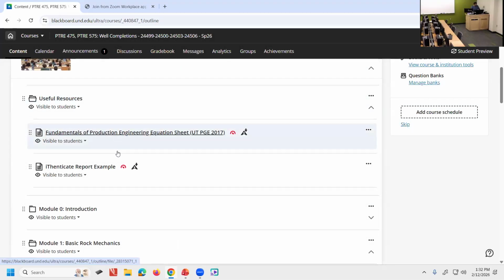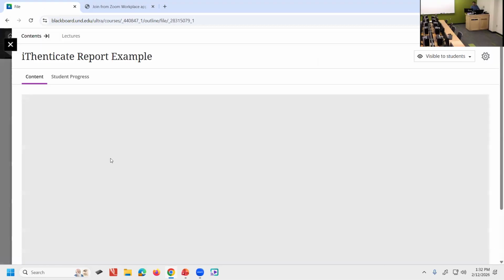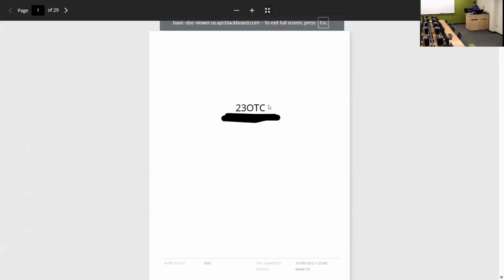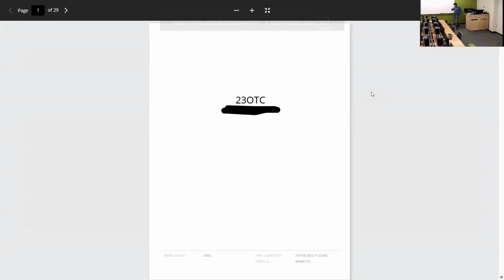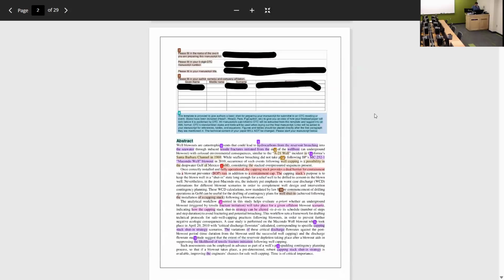That's one thing. The second thing is an Authenticate report example, and it's related to what we have been talking about so far. Just to tell you what an Authenticate report looks like, this is one of my old papers that I ran before submitting it for a conference to make sure that everything is okay.